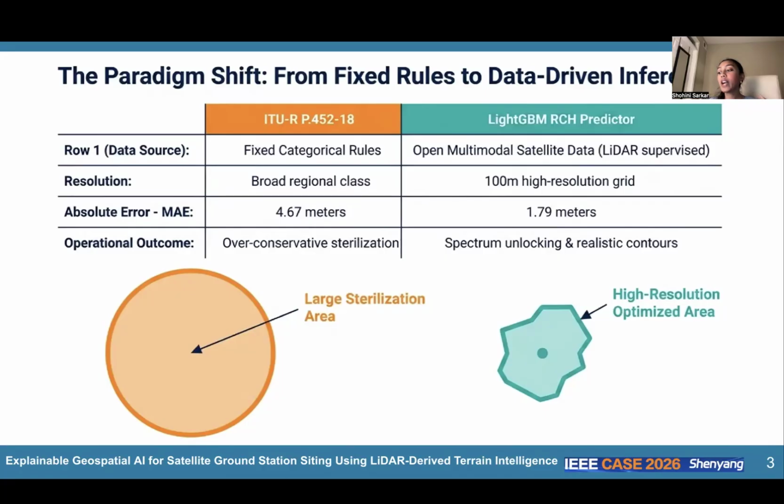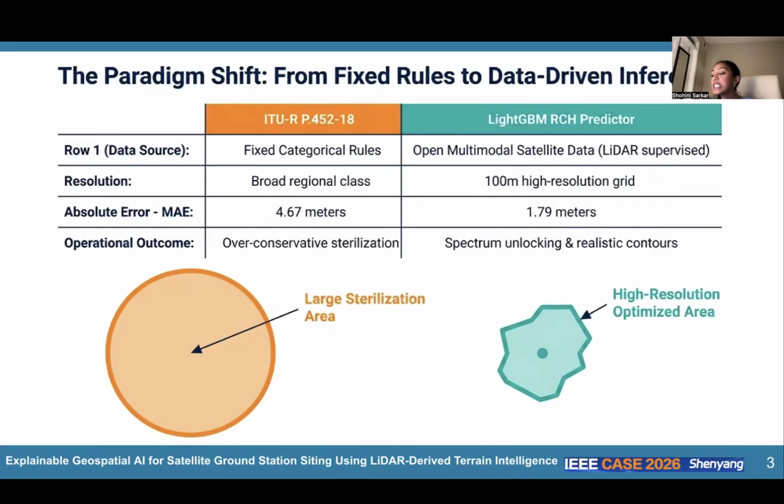On the left, we have the ITU baseline. It uses fixed categorical rules. The resolution is broad, and the mean absolute error is 4.67 meters. On the right, we have our LightGBM model. Instead of using only a broad land class, it uses open satellite and geospatial data, with LiDAR-derived labels for training. The model predicts clutter height on a 100-meter grid.